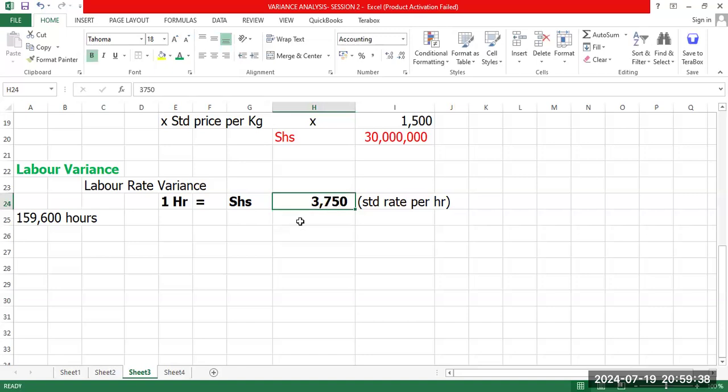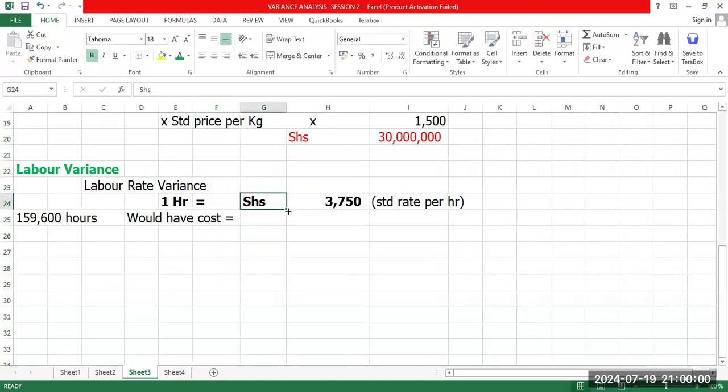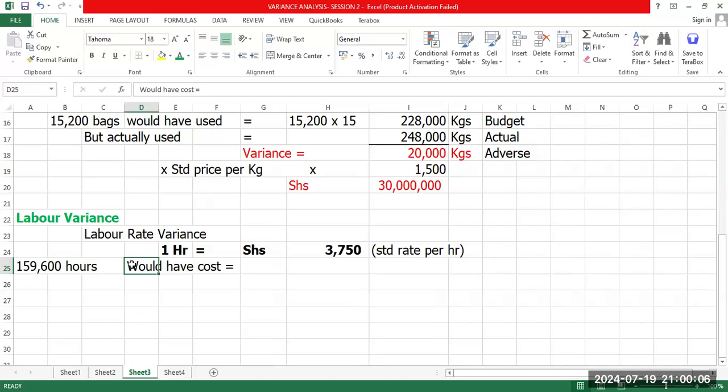So these hours would have cost the company how much? We get the time, 159,600.